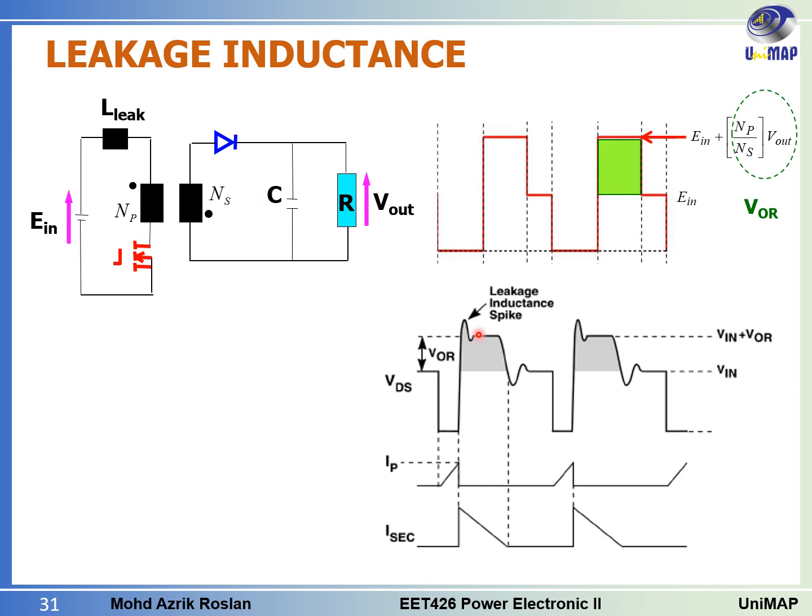Okay, so the leakage inductance spike will look like this. If it is not dissipated correctly, this extra voltage here will damage the MOSFET.